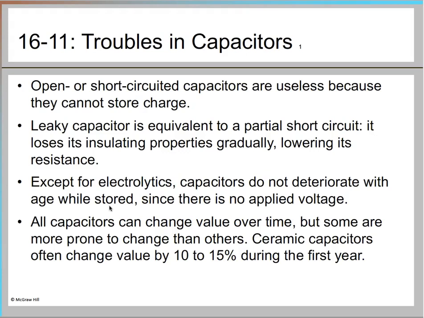The ceramic capacitor can change its value by 10 to 15% during its first year. This is important information, and to learn it about a capacitor, you need to see the data sheet and check how much its value has decreased since it was manufactured.